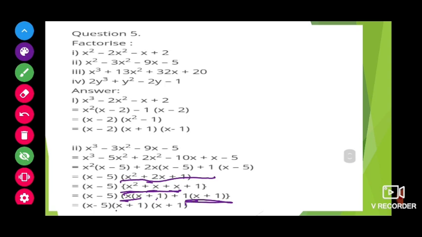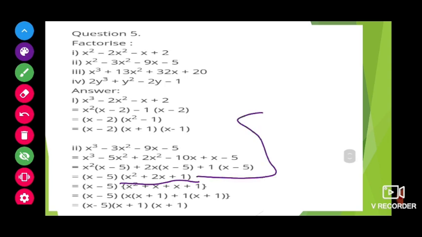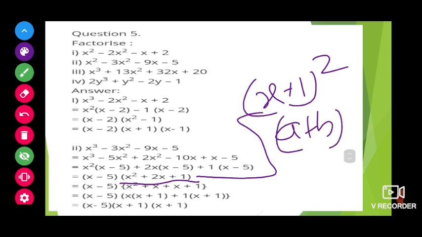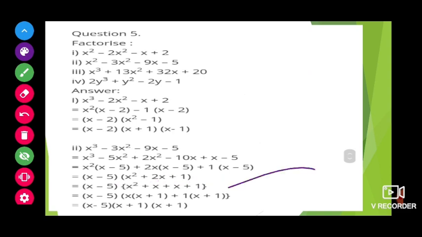Now x plus 1 into x plus 1. Or else, children, one more thing we can find: it is in the form of x plus 1 whole square, that is a plus b whole square, which is a square plus b square plus 2ab. That is x square plus 1 square plus 2x into 1, meaning 2x. So here also it is x square plus 2x plus 1. So we can write x plus 1 whole square or x plus 1 into x plus 1. Anyway, the answer should be the same.